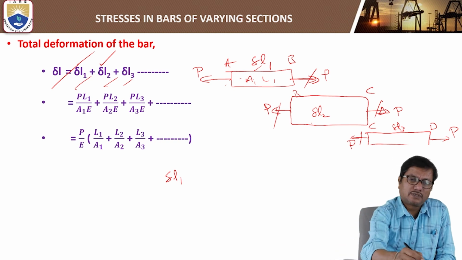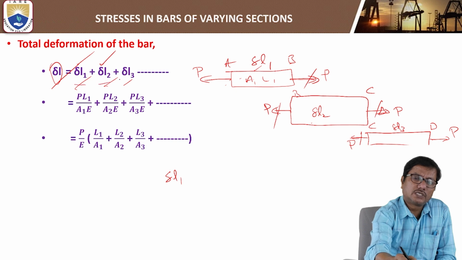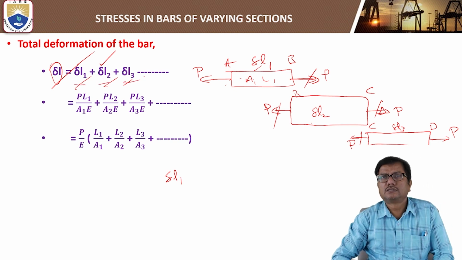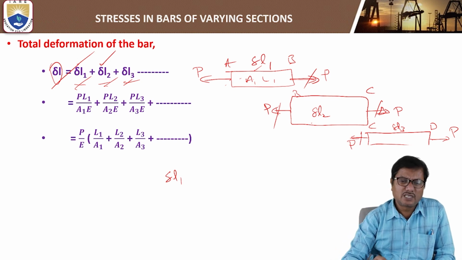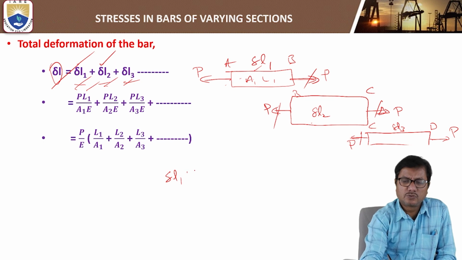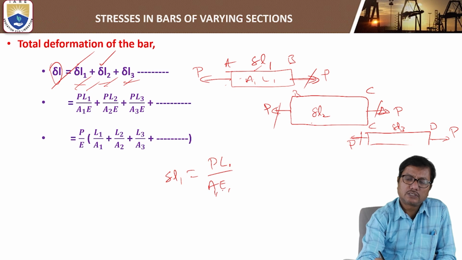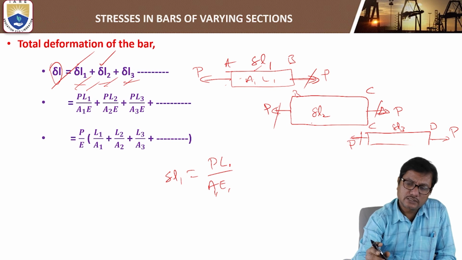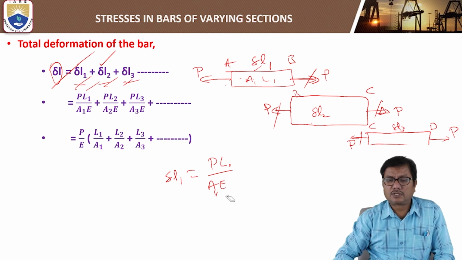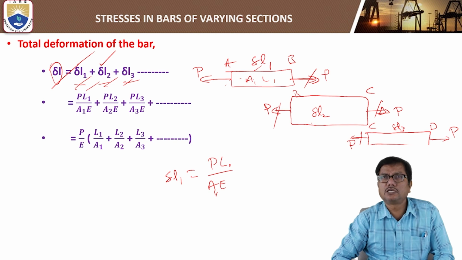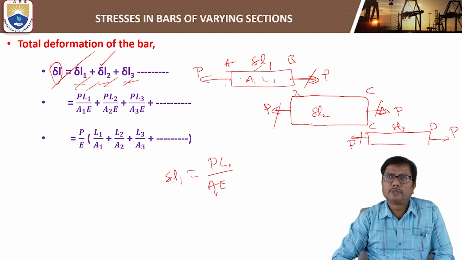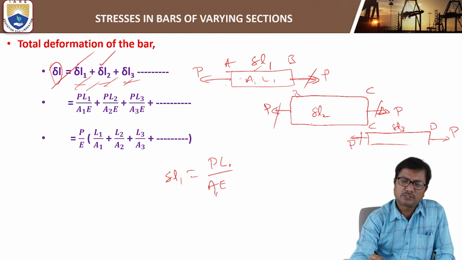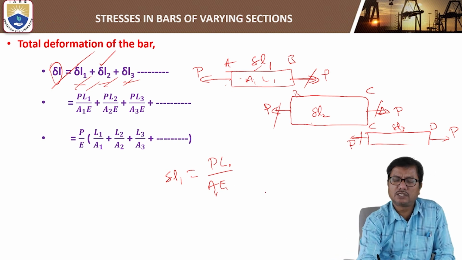So the total change in length is equal to the sum of the changes in length of the different portions. Delta L1 is equal to PL by AE. Here the length is L1, the area is A1, and E is the same for all the three sections. So delta L1 is PL1 by A1E. If the material is different for different portions, then we may have to write E1, E2 and so on.